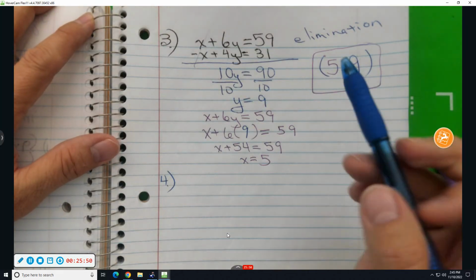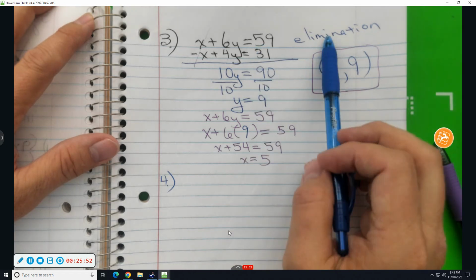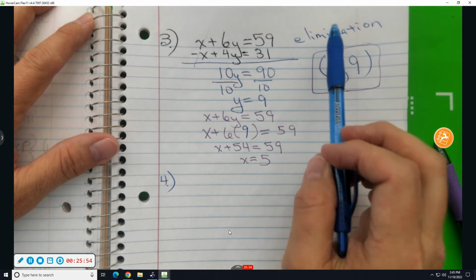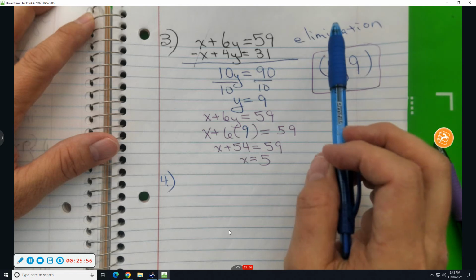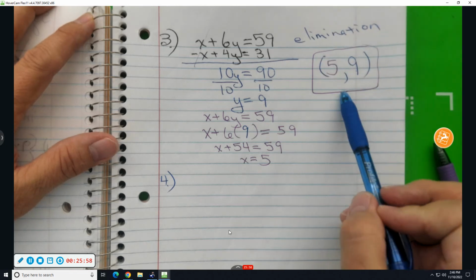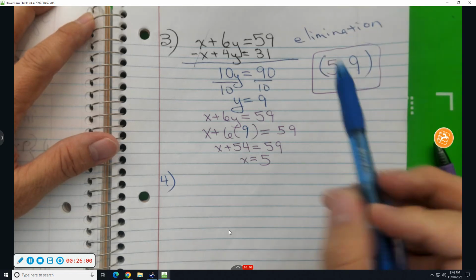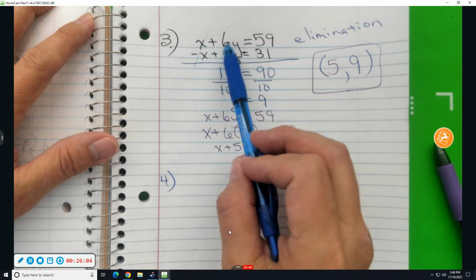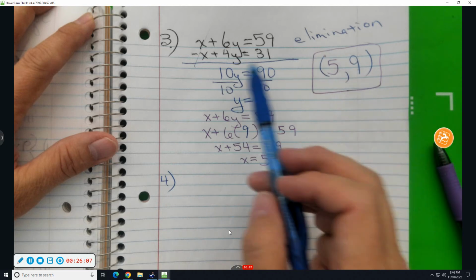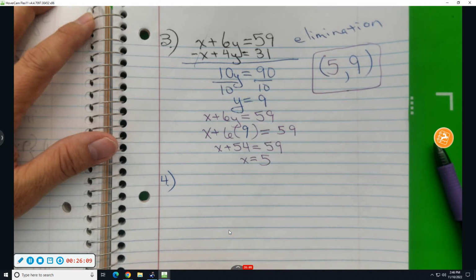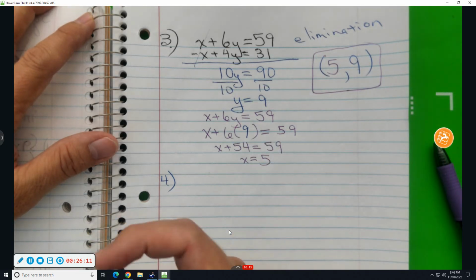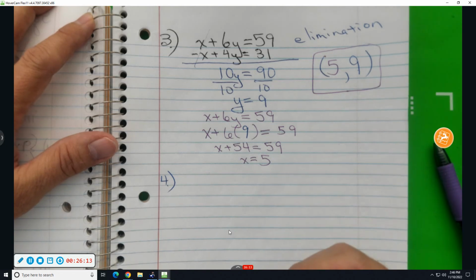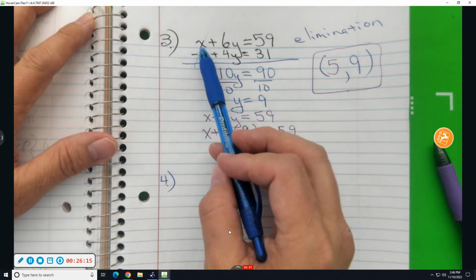Realize, by the way, the instructions for number 3 said use elimination, but you could have used substitution. If you had used substitution, you would still get the same ordered pair, 5, 9. You could solve for x right here, move that 6y over, and substitute it into the other equation. So substitution would have worked, and it wouldn't have been that hard to solve for the variable.